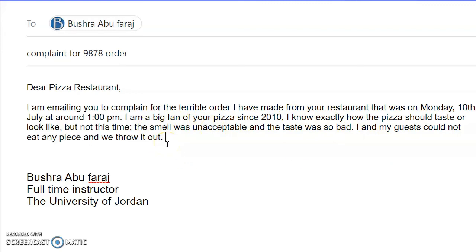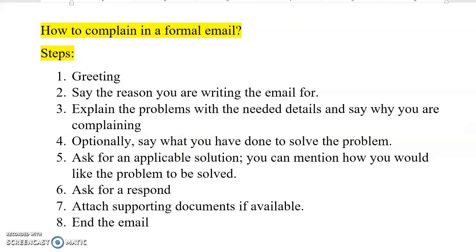Then I have to say, this is an optional case. Sometimes it works well if you are complaining about something regarding services, like electricity or water. You can say what you have done just to solve the problem. So you have a problem, you try to have a solution, but you couldn't do anything. So it's good to mention that.